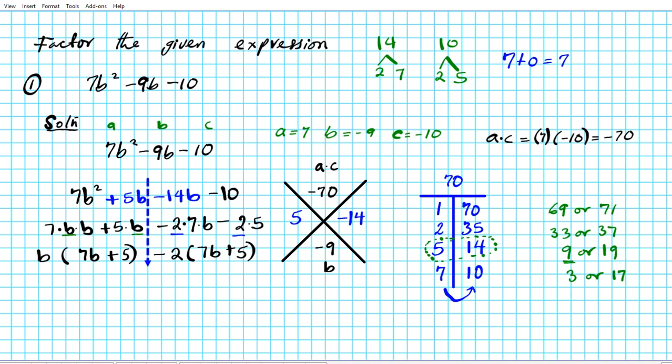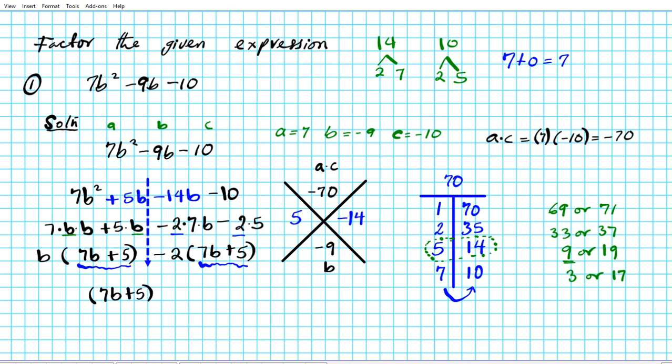Bam. Now this is where you freeze and check. If your factoring by grouping is correct, guess what? These two terms in the parentheses must be identical. Is that the case here? Yes, it is. They're identical, which shows that our factorization process is correct so far. Okay? So now what are we going to do next? These two identical terms can be factored out. So that gives us 7b plus 5 in nice little parentheses.